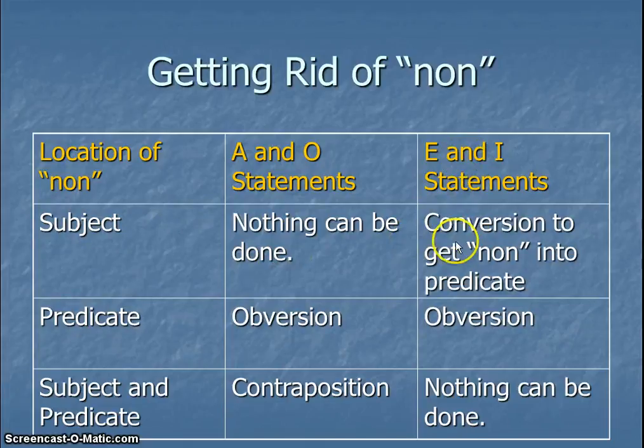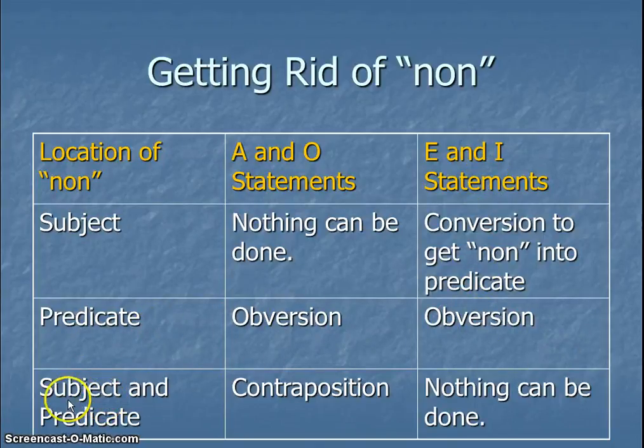If I have an E or an I statement, I can use conversion to move the non from the subject to the predicate, and it works. If I have a non in the predicate, I can use obversion on an A or an O statement. I can use obversion on an E or an I statement, because obversion works on anything.